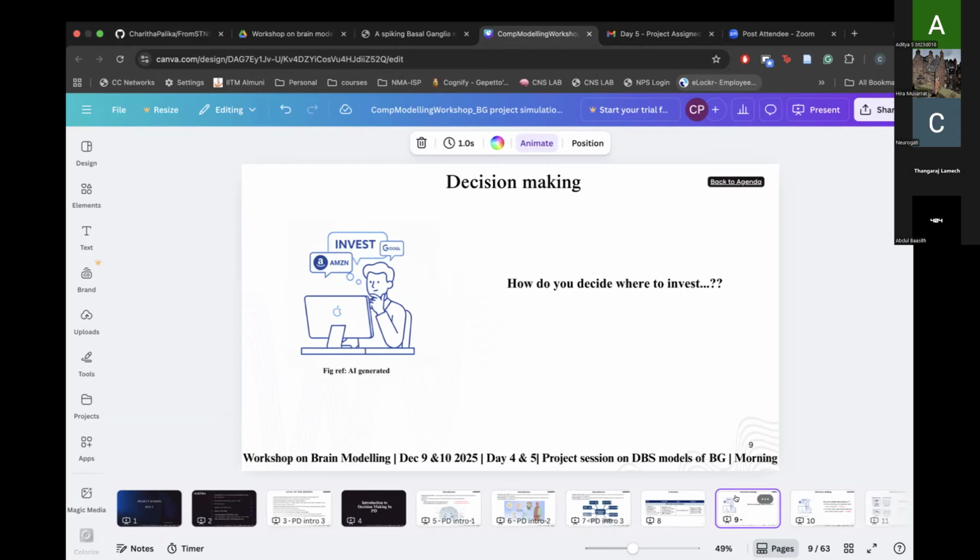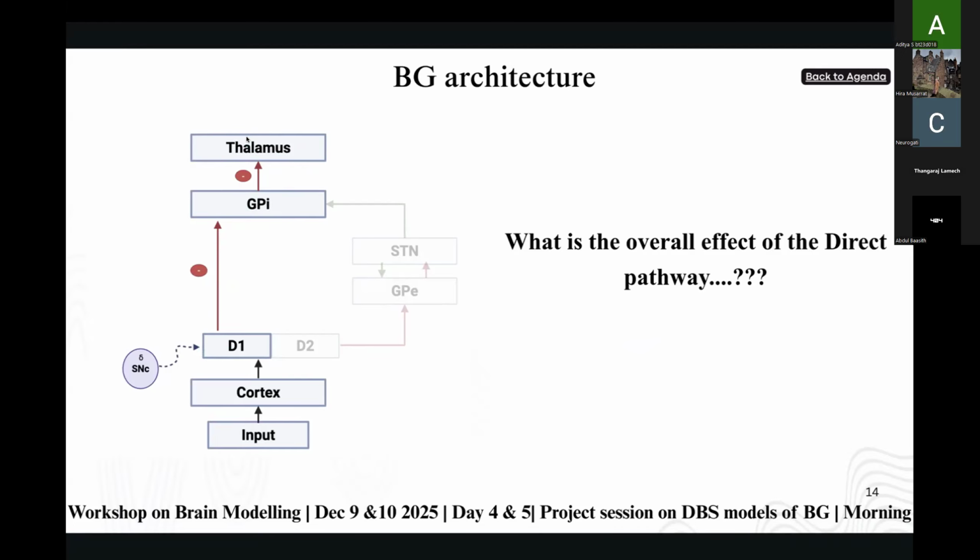Because there are two inhibitory conditions: at the level of thalamus, there is one inhibition followed by another inhibition. Both of them multiplied give an excitatory effect. So the overall effect of the direct pathway is excitatory. That is the reason we also call it the go pathway. It promotes a movement. If I want to reach some target, it promotes that specific movement.